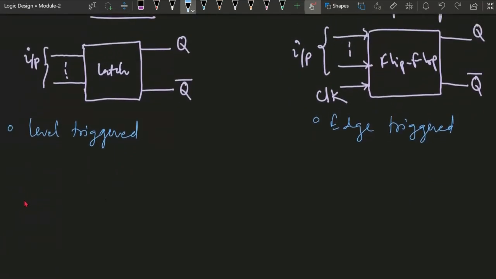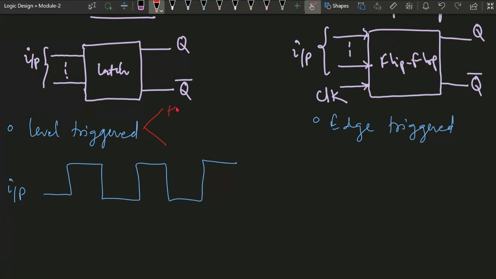Suppose there is an input. In digital circuits, the input will be like a clock, high and low likewise. In the case of a latch, it is level triggered, so it could be high level triggered or low level triggered.